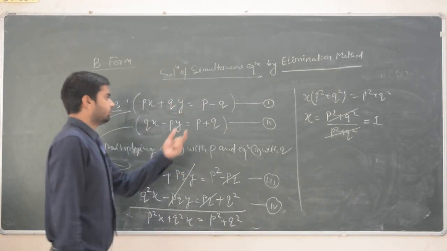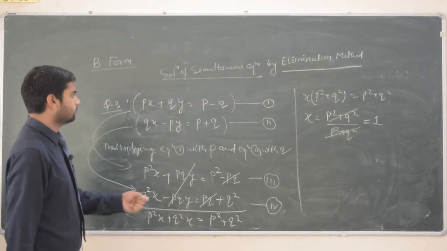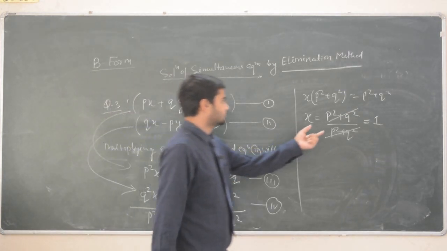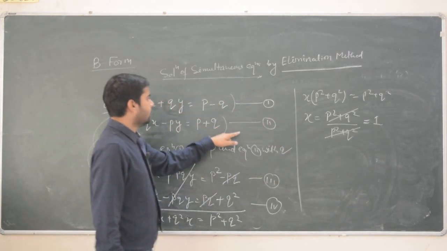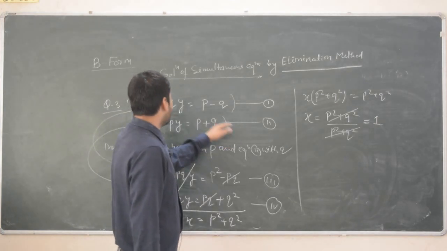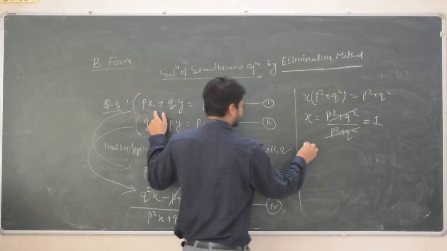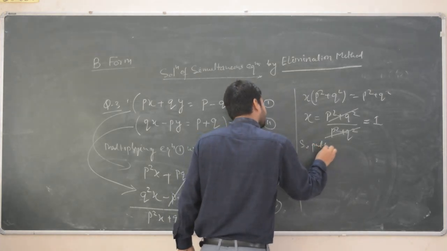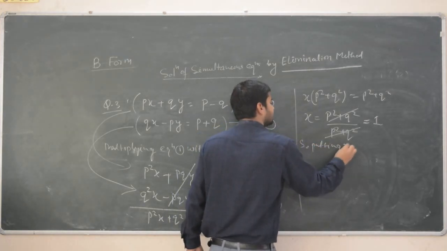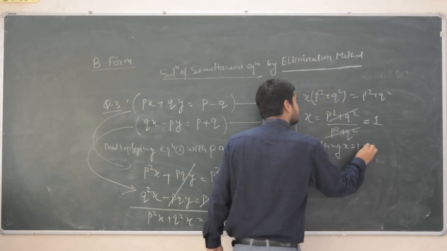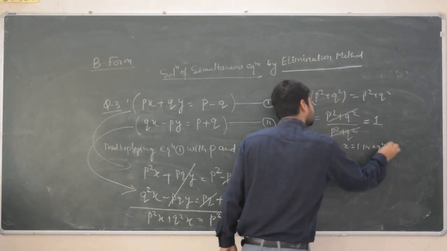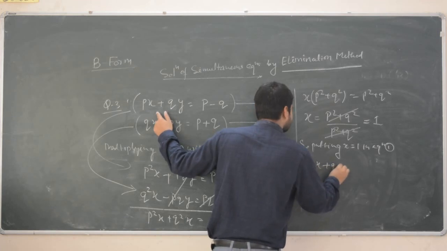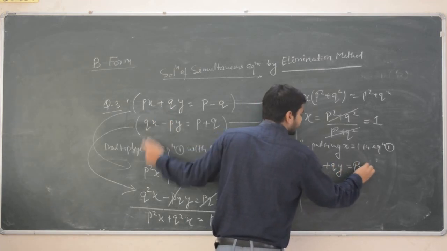We have one variable x as 1 and we want to get the other variable y. So put this value of x either in equation 1 or in equation 2. I am putting this value in equation 1. Putting x equal to 1 in equation 1: equation 1 is px plus qy equal to p minus q.